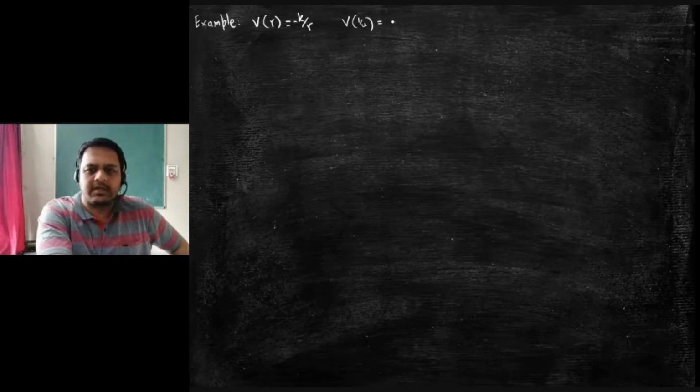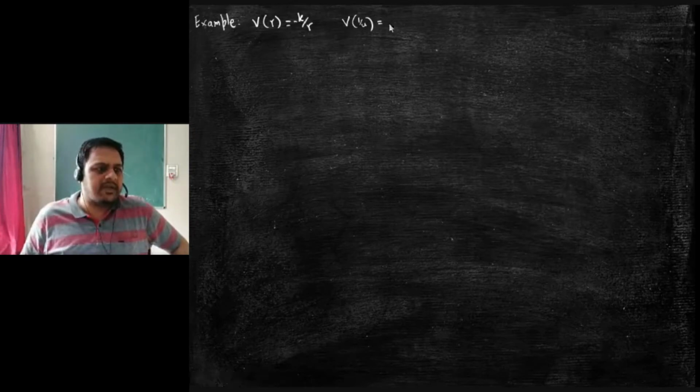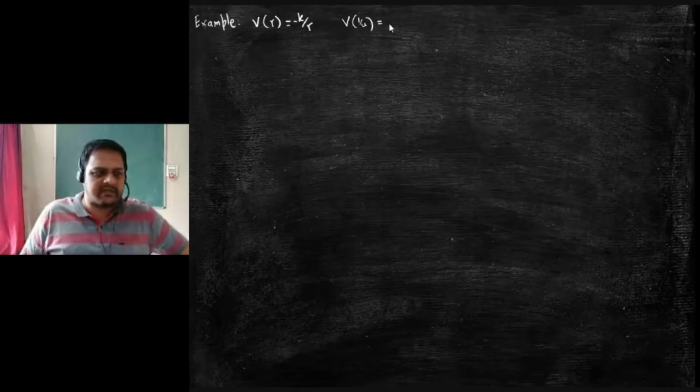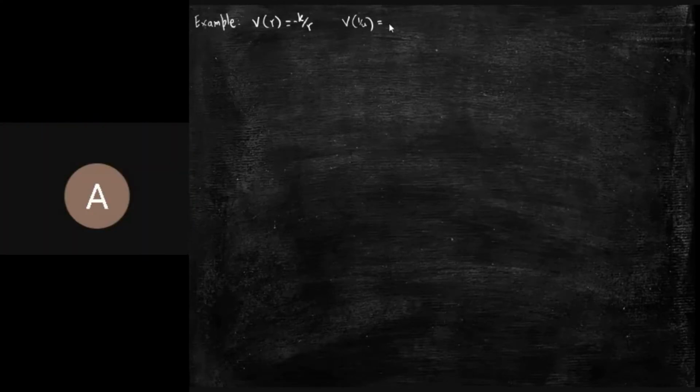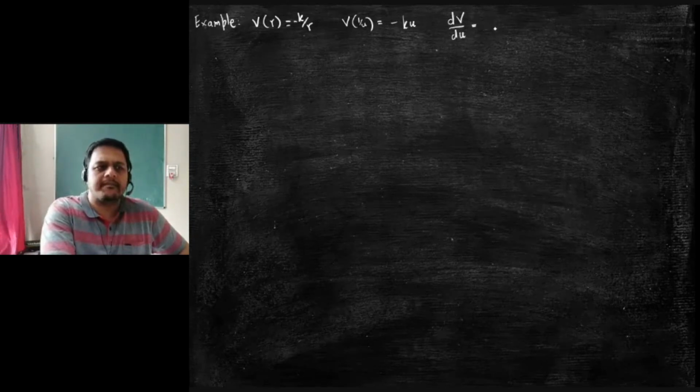Is the question clear? V as a function of r is minus k by r. What will be v as a function of u? Minus ku. Very good, excellent. Minus ku. And what will be dv by du? Minus k.